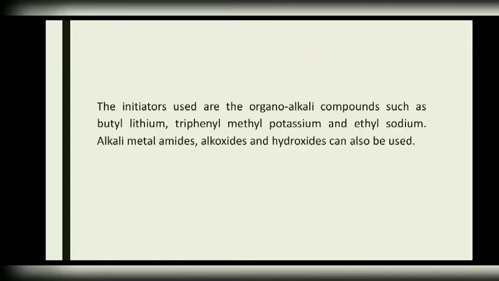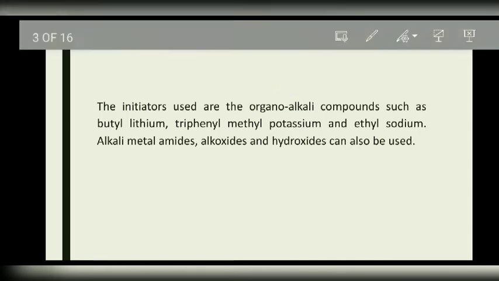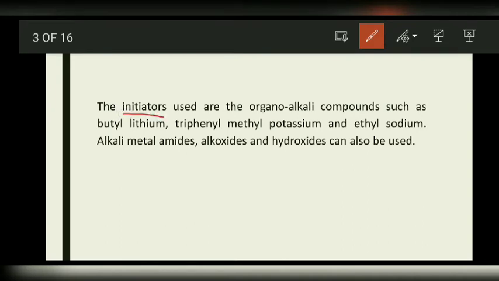Then where do the negative ions or the anions come from? They are obtained from the initiators. Usually the initiators are organoalkali compounds such as butyl lithium, triphenyl methyl potassium and ethyl sodium, and we can also use the alkali metal amides, alkoxides and hydroxides.